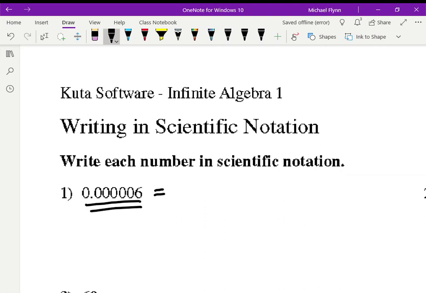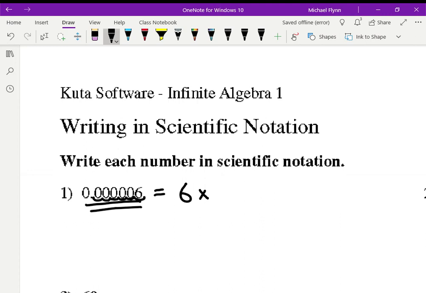I'm going to move the decimal 1, 2, 3, 4, 5, 6, so that there's one number that's not 0 in front of it. In this case, there's only one number that's not 0. So I need to move the decimal place 6 places over. So I'm going to write this is equal to 6. Now, in order to tell you how small that number is, I'm going to write a power of 10 next to it.